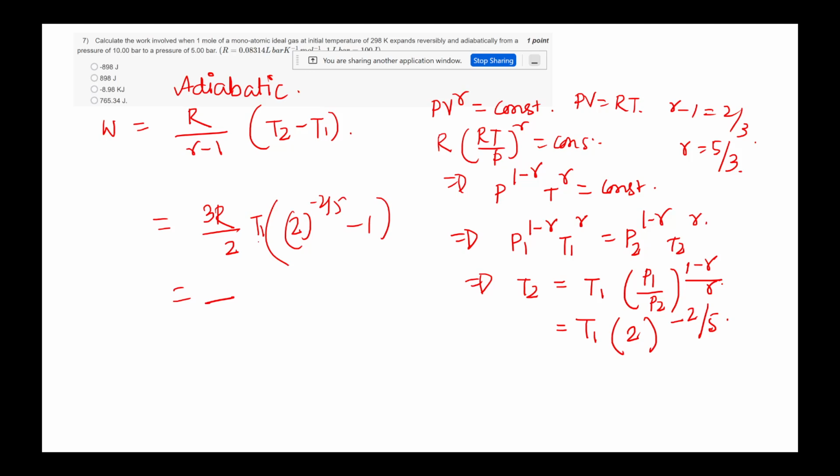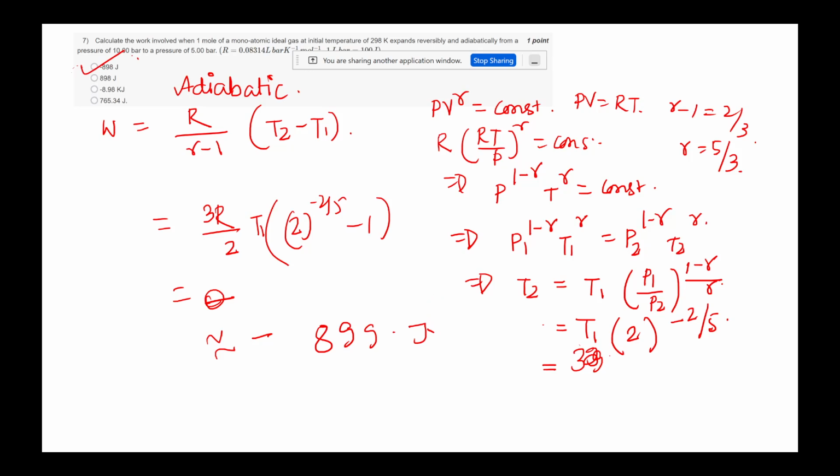There will be a minus because of this, and if you substitute it and do the calculations, you can get minus 899 joule. So this will be this expression.